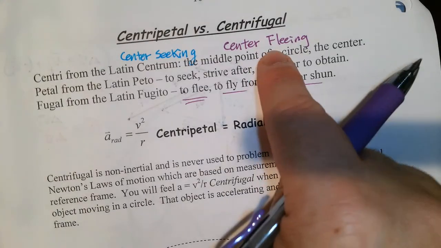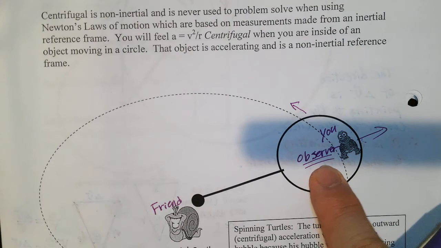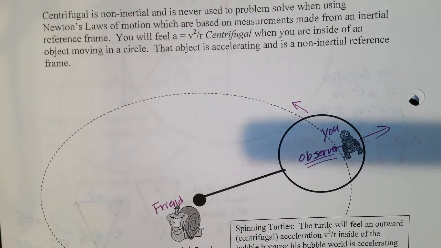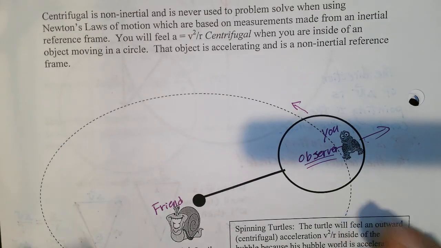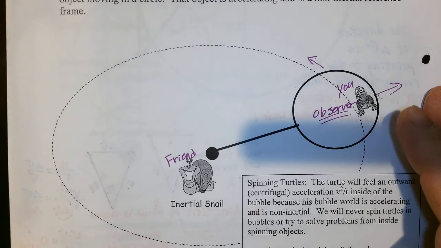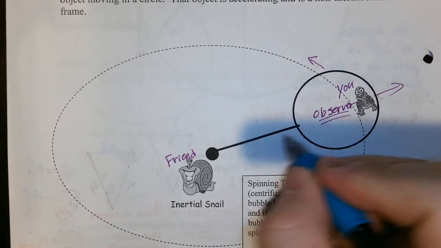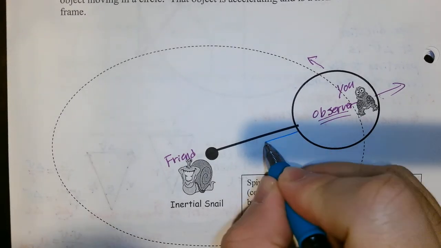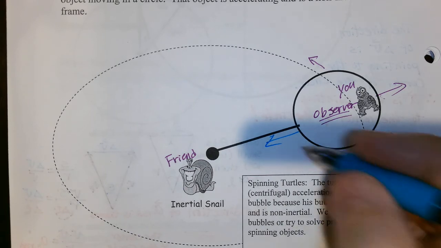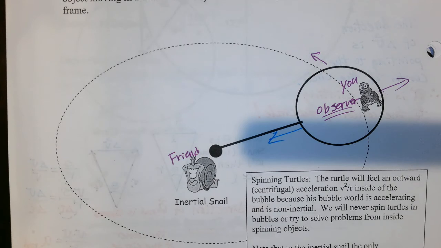So the center fleeing acceleration is only true for the observer who is being spun around. But anyone who's observing this system away from the system will only see a centripetal force this way, when it's observed away from the system.